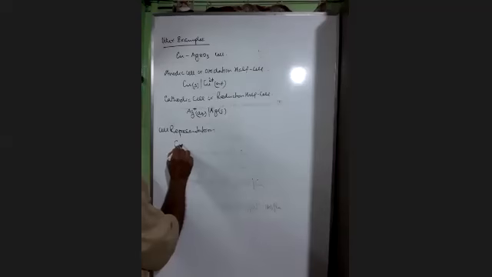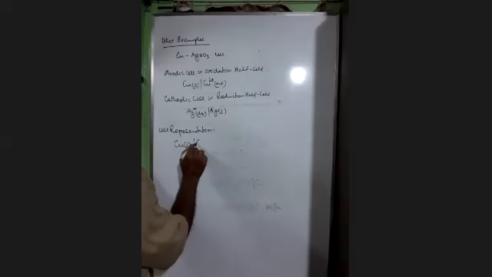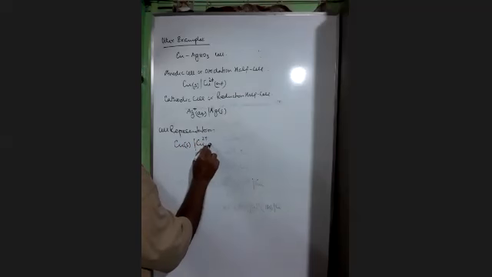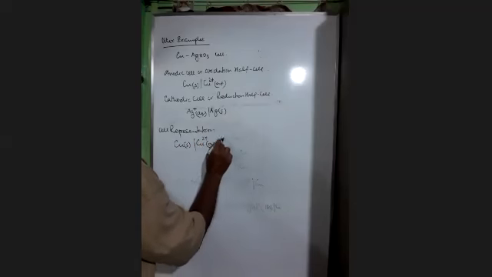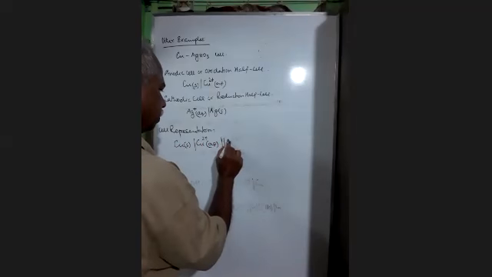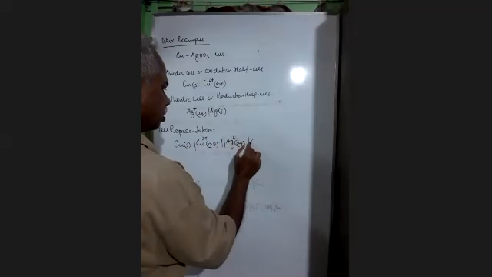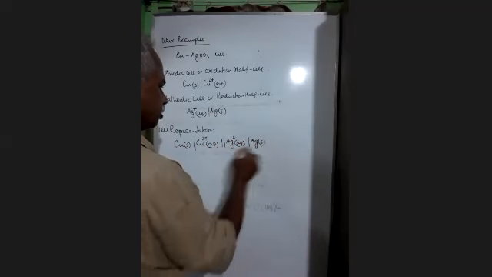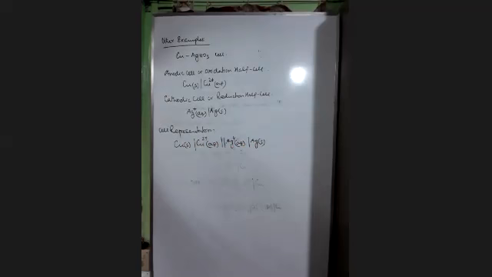I told you in between you have to put a salt bridge, and for the salt bridge you have to put two vertical lines. Then Cu2 plus aqueous, then Ag plus aqueous. Good, very nice. Okay, this is the second.